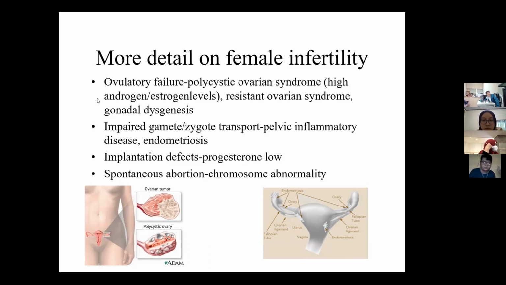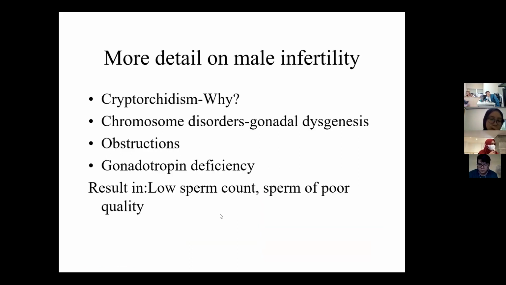We check the hormones, and there's a high androgen level. Some have pelvic inflammatory disease, and then the transport of the gamete is difficult, with a blockage of the fallopian tube. So the doctor will do all the survey to find the etiology and to overcome the problem.